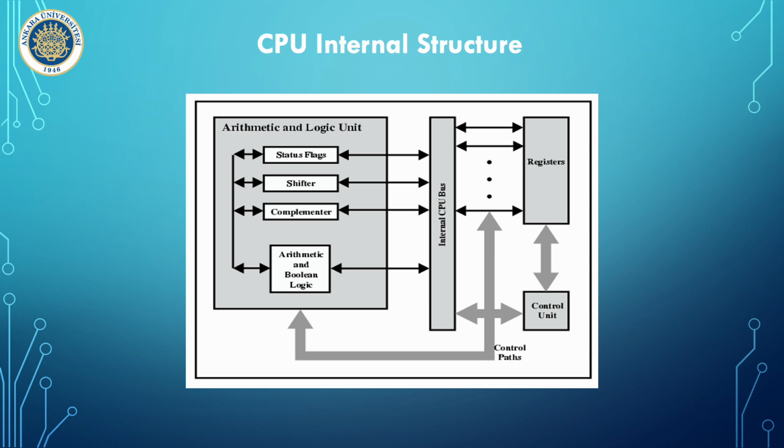There are also internal buses and multiplexers that connect the registers, arithmetic logic unit, and other units. These internal connections form data paths that determine how information flows inside the CPU. Understanding these structures helps us understand how instructions are executed step by step.